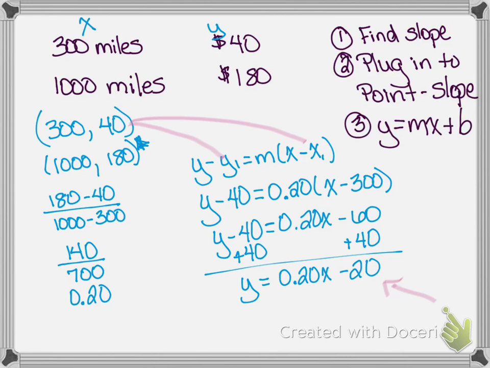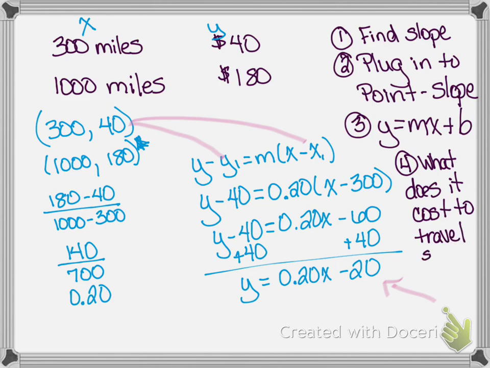Now, what if I asked you to determine how much it would cost for something to travel 2,000 miles? How would you do that? If the fourth part of this question was, what does it cost to travel 2,000 miles? What would you do? Plug in the 2,000 miles where the x is in the slope-intercept equation.